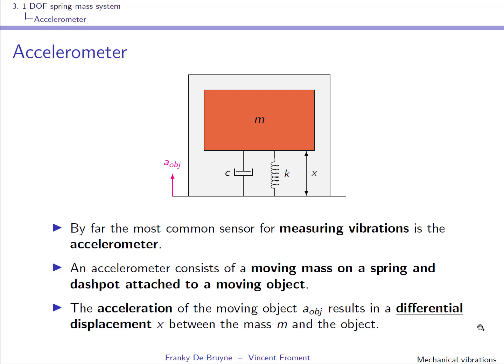Well, since we are considering a section about the 1 degree of freedom spring mass system, it's a good moment to talk about the accelerometer, and it is by far the most common sensor used for measuring vibrations. An accelerometer is actually a moving mass on a spring and a dashpot attached to a moving object, and the acceleration of the moving object results in a differential displacement x between the mass and the object.